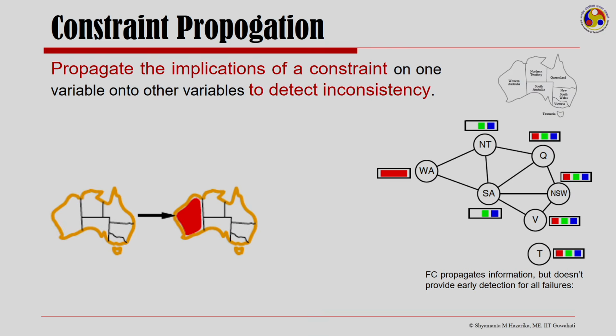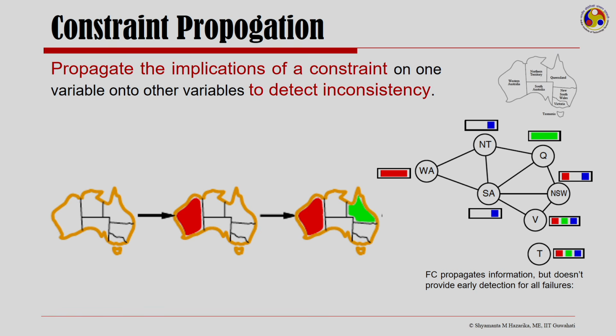Now, after we color WA red, the only legal values left for NT and SA are green and blue. At that point, if we color Q green, the only legal value possible for NT and SA is blue.